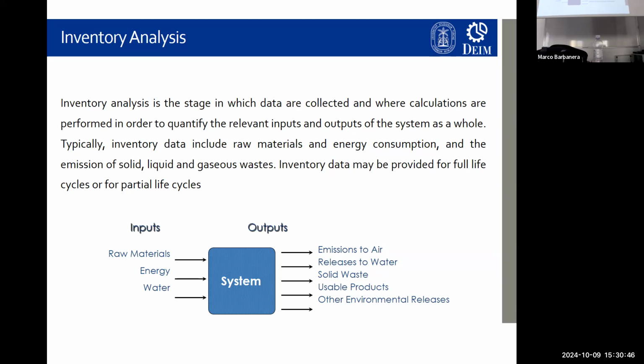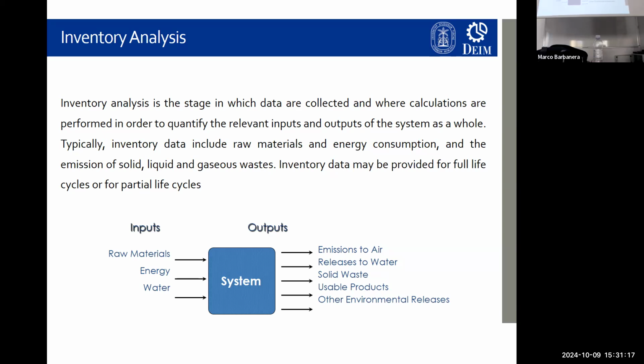The first step, I repeat, is to define the flow diagram, so the unit processes of our life cycle, from the extraction of raw materials up to the disposal step of the product. Okay, this is the definition of the system boundaries, so the definition of the flow diagram of our life cycle.